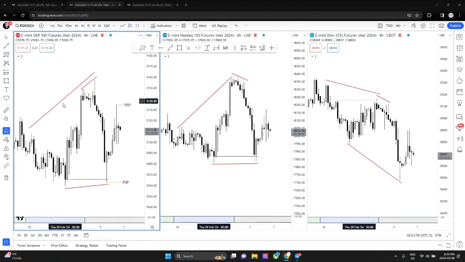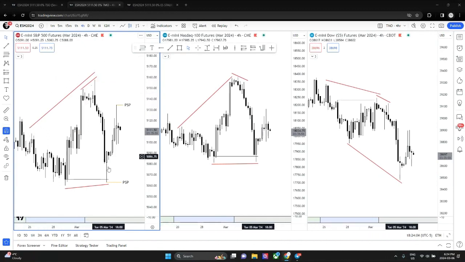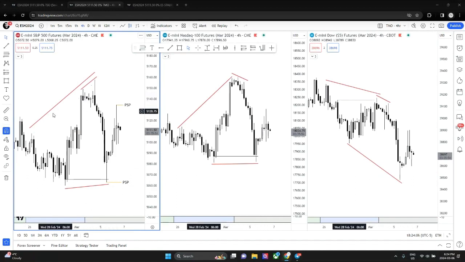We already knew there was SMT, but it was just this candle, so this didn't happen yet. So we needed to see price run above this high. This high right here is very important. It doesn't have to do with a range or anything like that. It just has to do with this high, which was Friday's high.